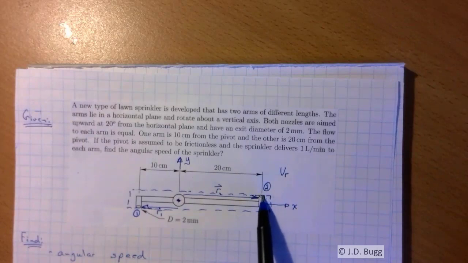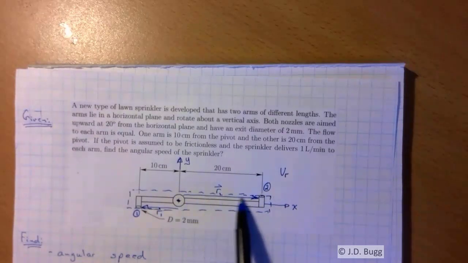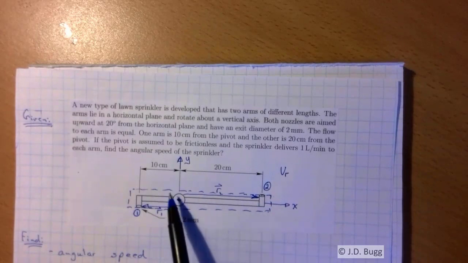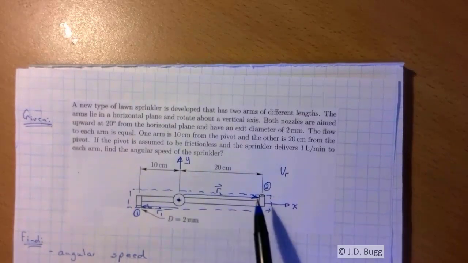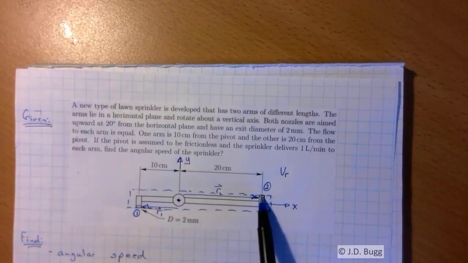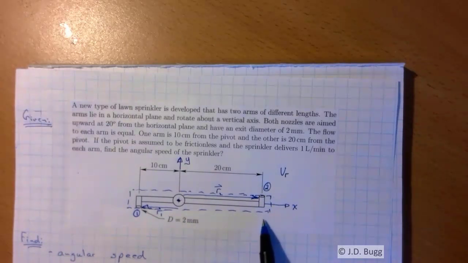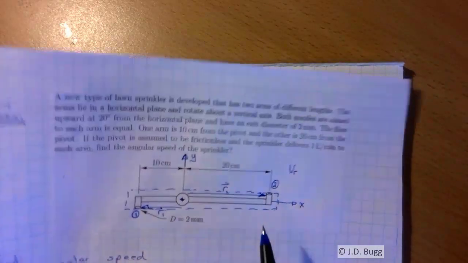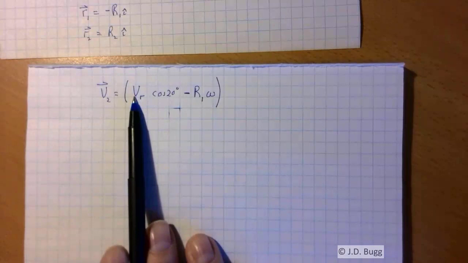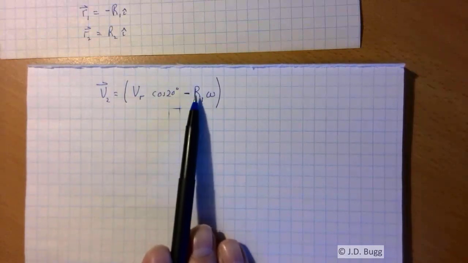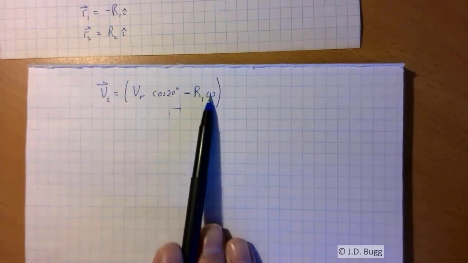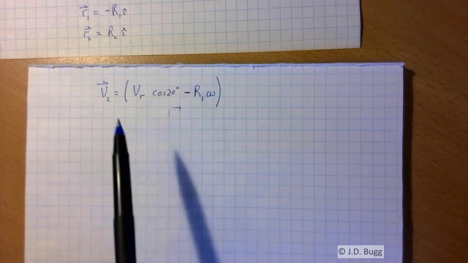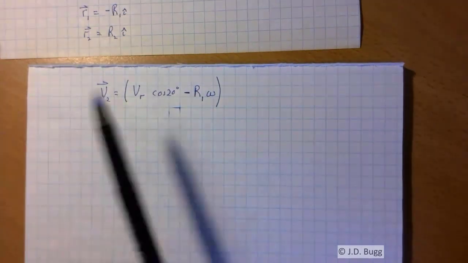And what speed is it moving at? Well, it's moving at R omega. Notice this thing is rotating in the clockwise direction, so the velocity of this nozzle tip is minus R omega. So to get the velocity relative to the ground, we have to subtract minus R omega from this. Okay? So let's just see if this makes sense, if we've got the signs right here.